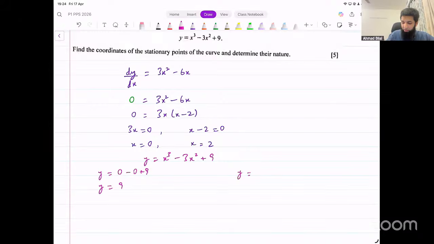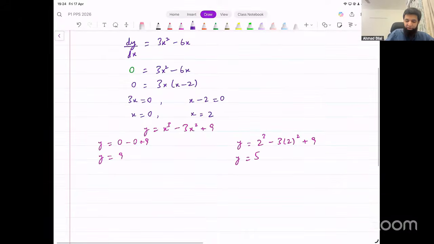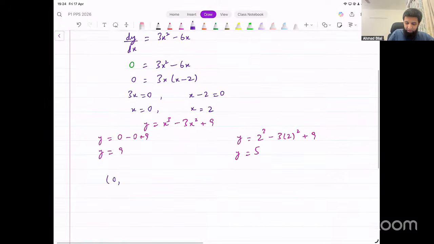Input x equal to 2 in this now, and that gives you 2 cubed minus 3 into 2 squared plus 9. Simplify this. What does that give you? 5. Okay, so y equals 5. The stationary points that we end up getting from this are (0, 9) and (2, 5). These are the stationary points. That is one thing that we were looking for, right? What the stationary points are.